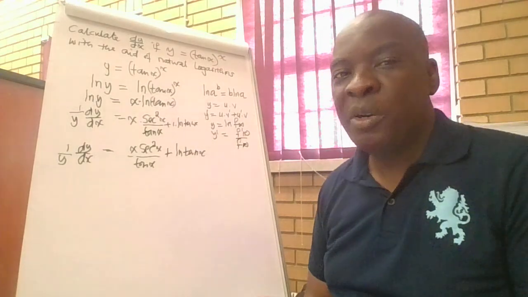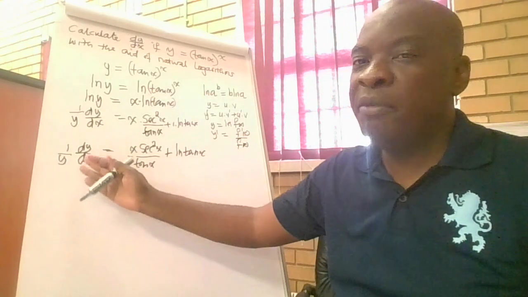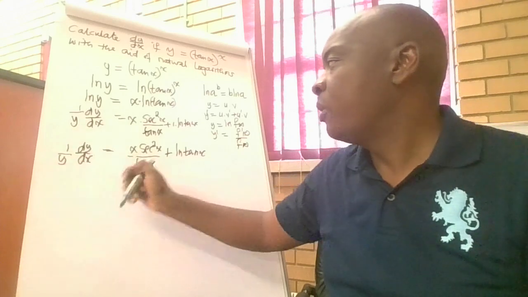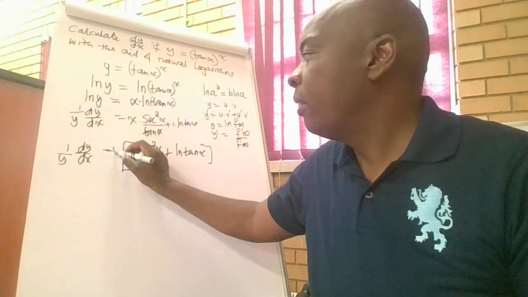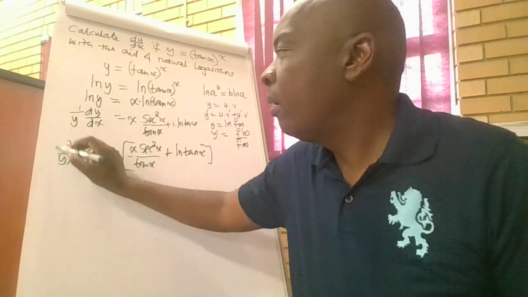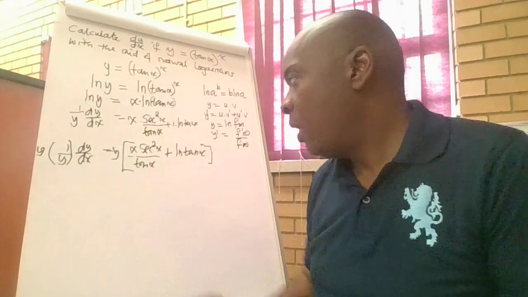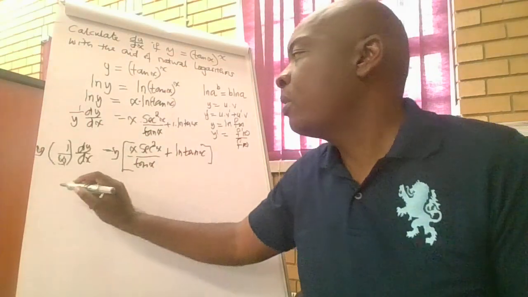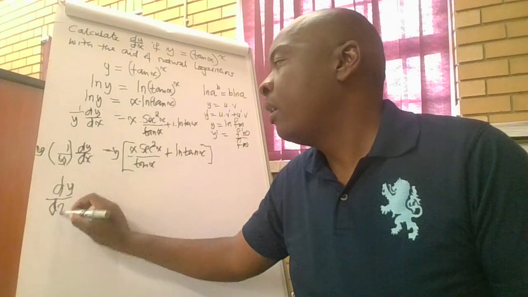Now remember, I want to calculate dy by dx. I can see on my left-hand side, I have 1 over y. So I can multiply both sides by y. So this y here and that y cancel, and what's left on the left-hand side is just dy by dx.